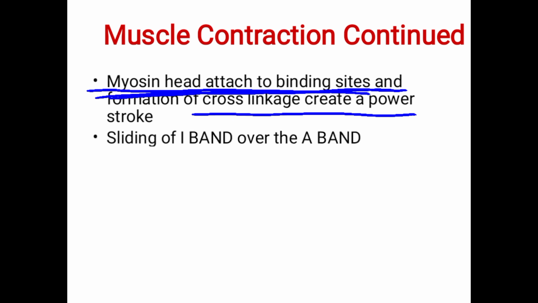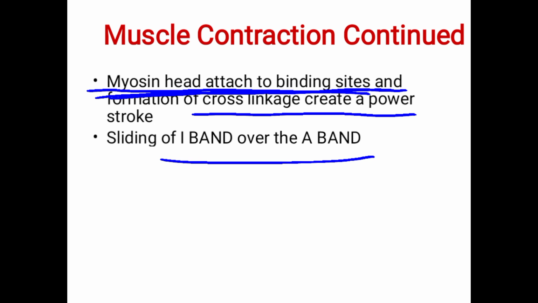I will show the diagram. Whenever the myosin head attaches to the actin filament, there is a sliding of the I band over the A band. The I band is made up of actin filaments, and the A band is made up of myosin filaments.